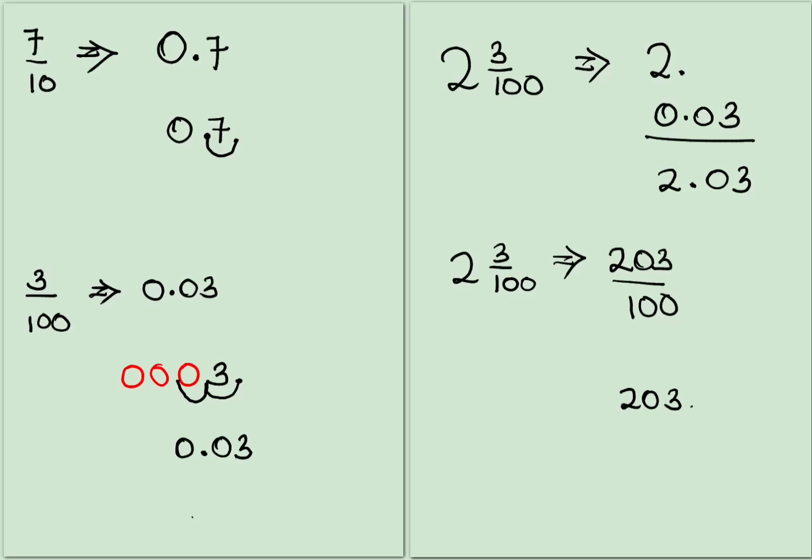So with your decimal point here, division by 100 simply means move the decimal to the left, the number of zeros you have here times. So there are 2 zeros here. So we are going to move our decimal to the left 2 times. You have 1, 2. You see, so with that you have 2.03.